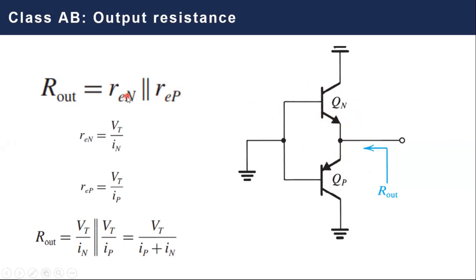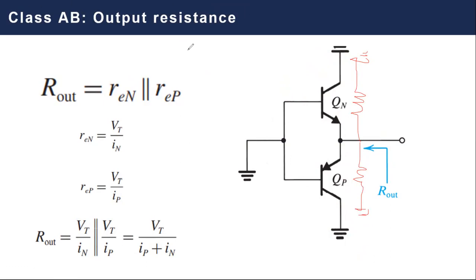So what you see here is simply REN in parallel with REP, because as you know, when we do an output resistance analysis, we deactivate all supplies. That's why you can see a ground here and a ground there. And simply you can see that for the output resistance, you have one resistance here and another resistance here. So these two resistors are simply seen in parallel to each other, as both the top and the bottom supply are deactivated.